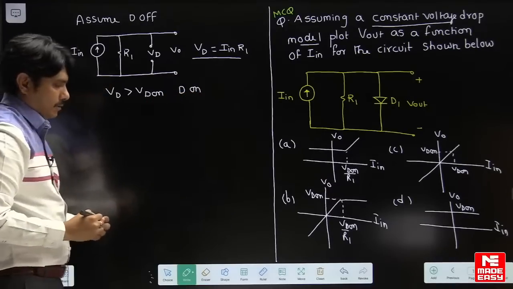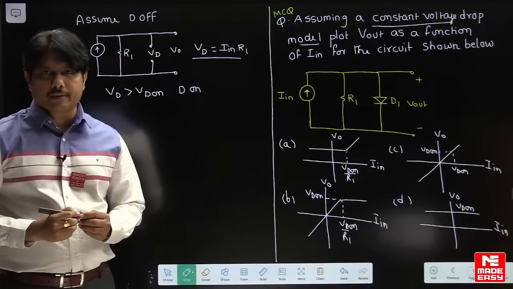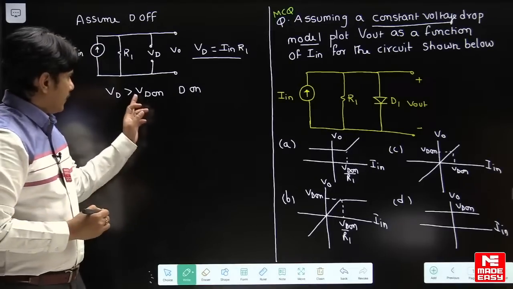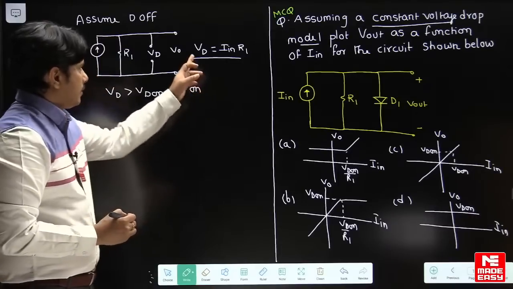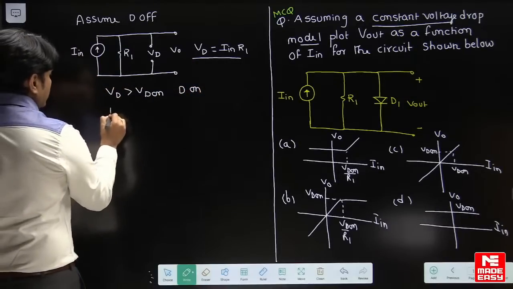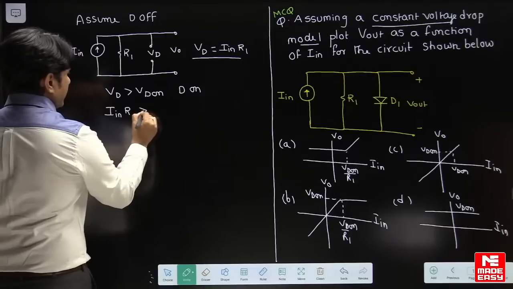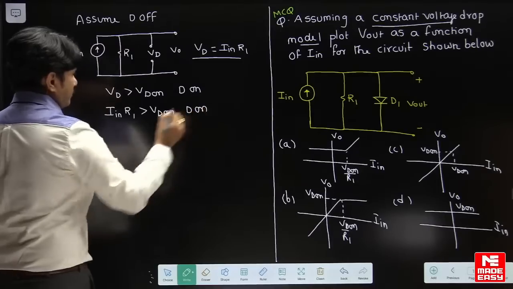Your diode voltage drop should be greater than the cut-in voltage of the diode, indicated as VD on. So, if you cross VD on, the diode will come into on condition. So the VD here is IIN into R1, which should be greater than VD on, then the diode will be on.